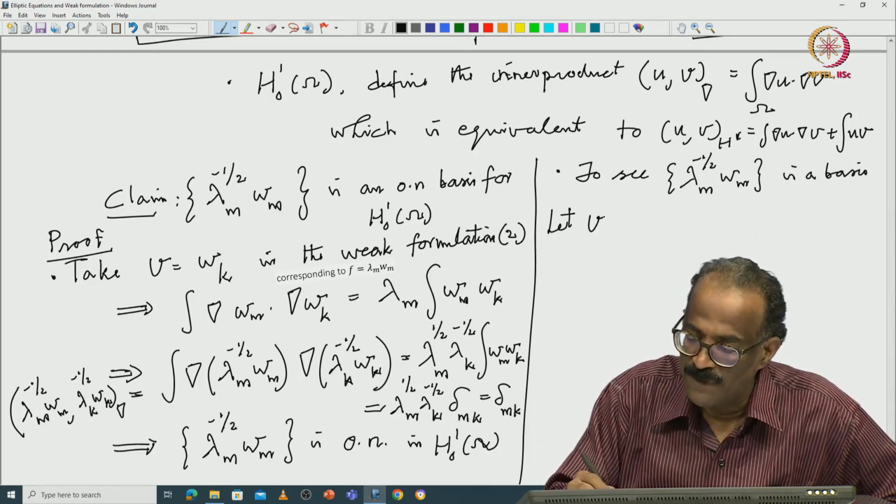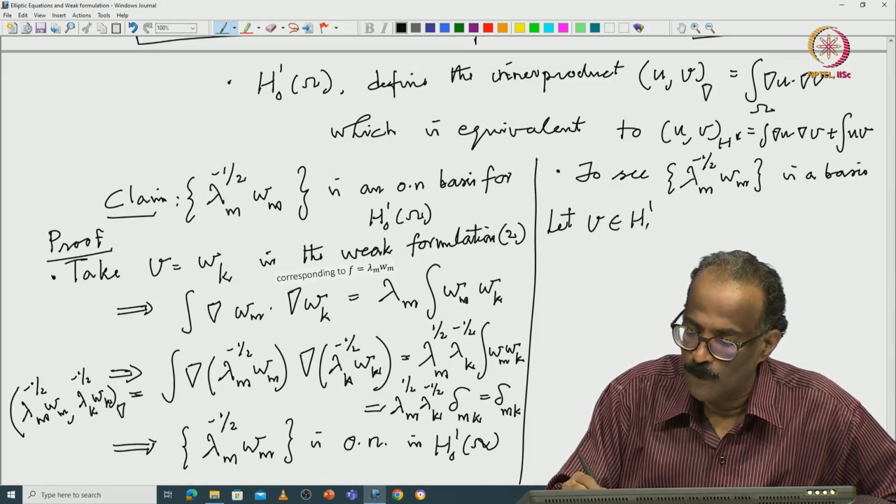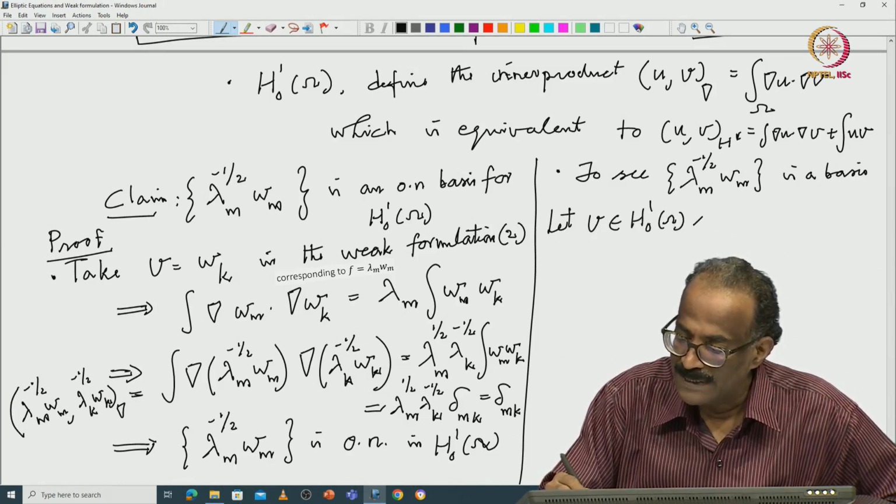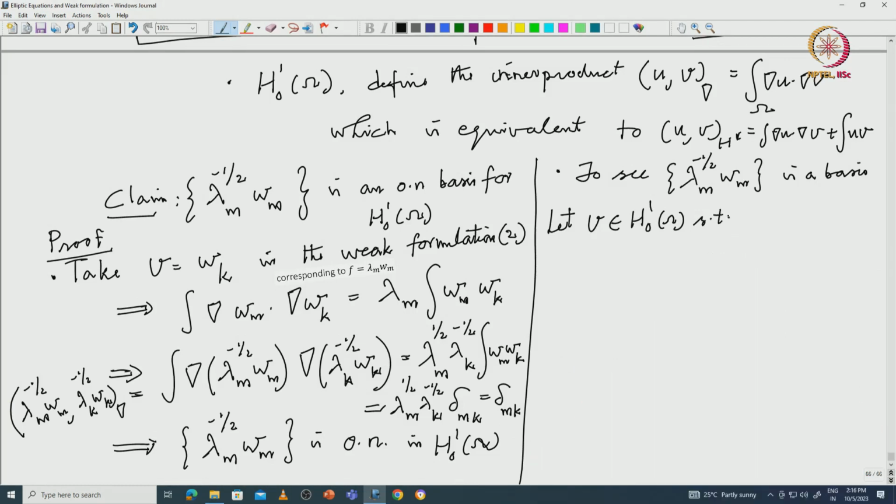So choose V in H1 naught of omega such that this norm of V and lambda m power minus half Wm equals 0 for all m equal to 1 to infinity. So what you have to prove is that V equal to 0, that is all. Okay. So with that you have to prove this V equal to 0.